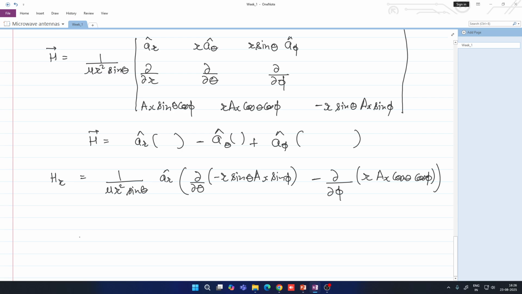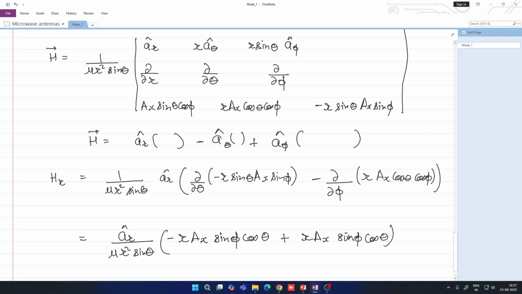Now when we calculate this and do the partial differentiation, I will get minus r A x sin phi cos theta plus r A x sin phi cos theta, which will cancel out, and the H r component, the magnetic field along the r direction, is 0.